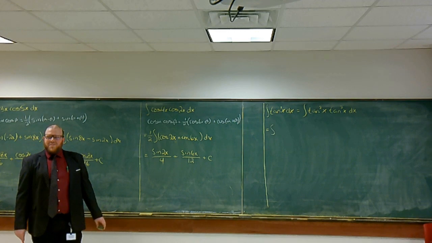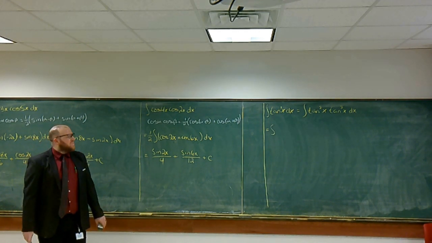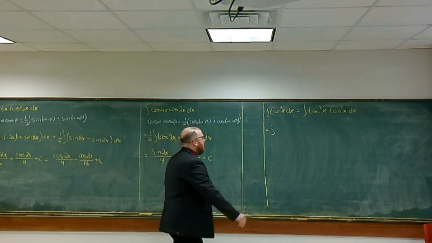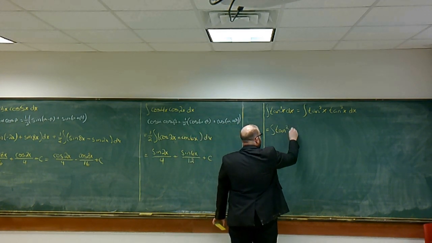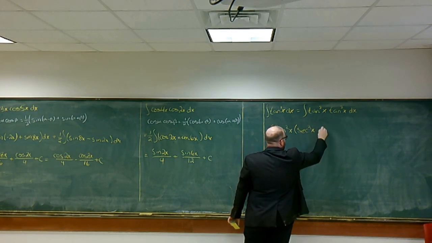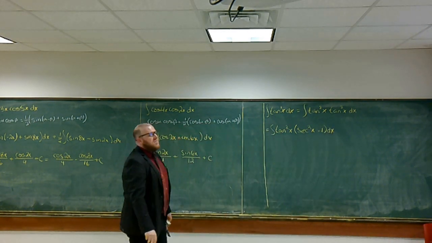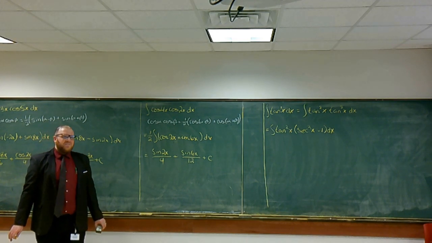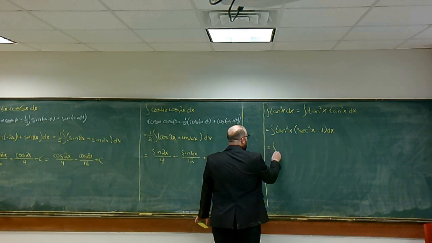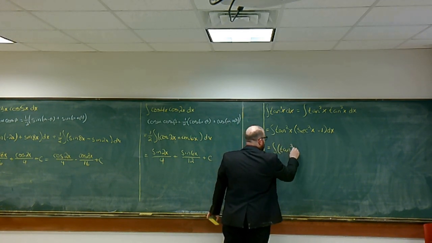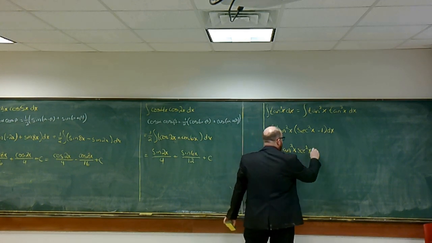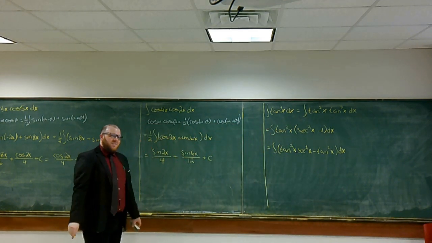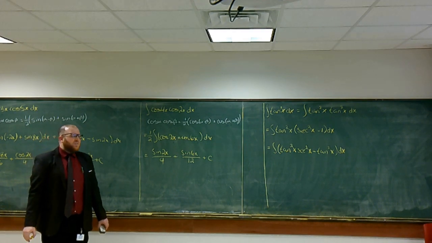Tangent squared plus 1 equals secant squared. Let's rewrite one of those tangent squares. Distribute the tangent squared through.